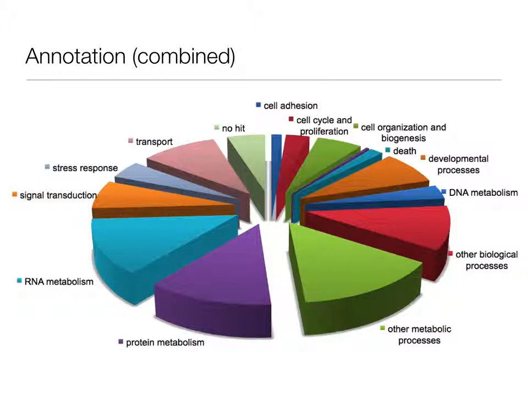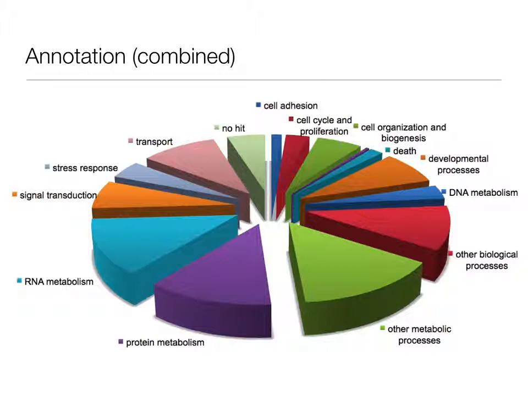They're in 3 different tiers: cellular component, molecular function, and biological process. These are the biological process slim terms.